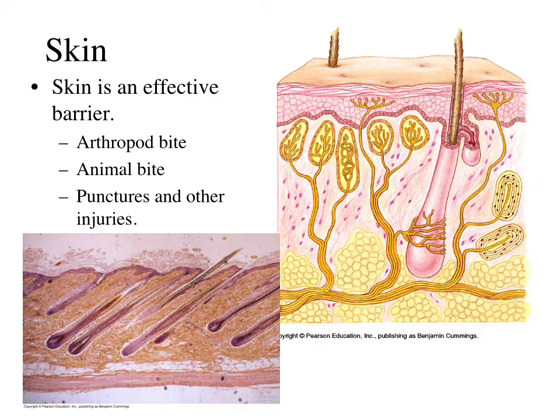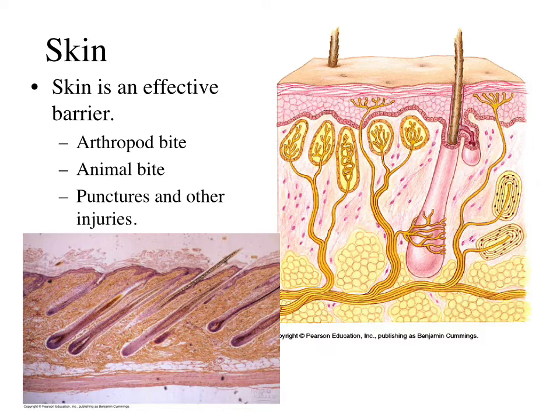The epidermis itself is devoid of blood and lymphatics, but the dermis has a good blood supply. So if there is a breach that's deep enough to get through the most external layer, the epidermis, and get down to the dermis, the virus can easily spread.